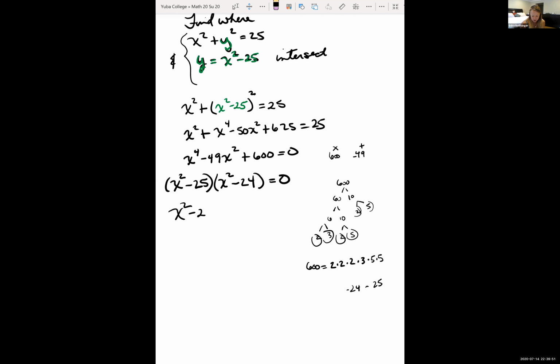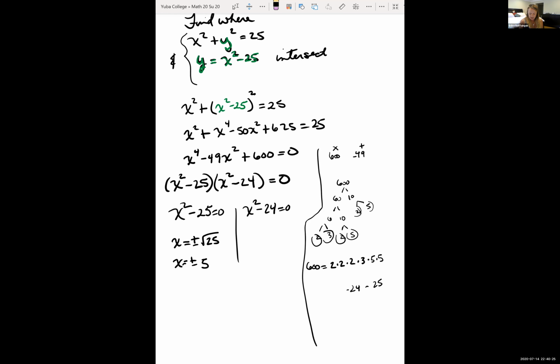So x squared minus 25 equals 0, and x squared minus 24 equals 0. The square root method would be the easiest. If I add 25 to both sides and take the square root, x is equal to plus or minus 5.